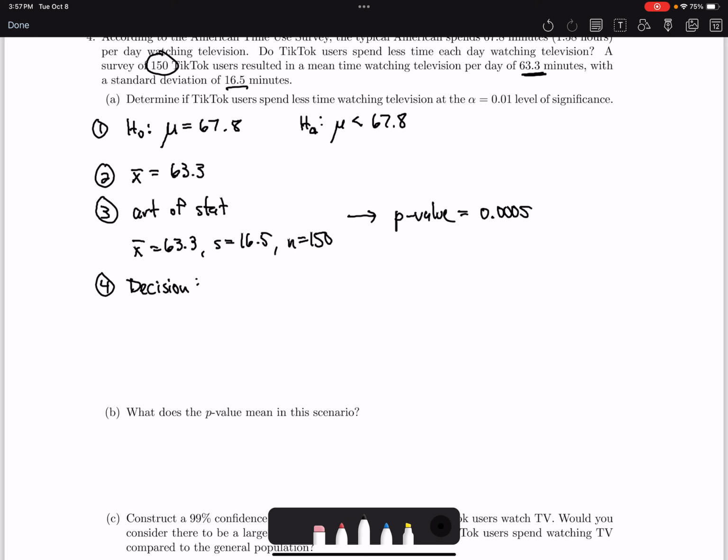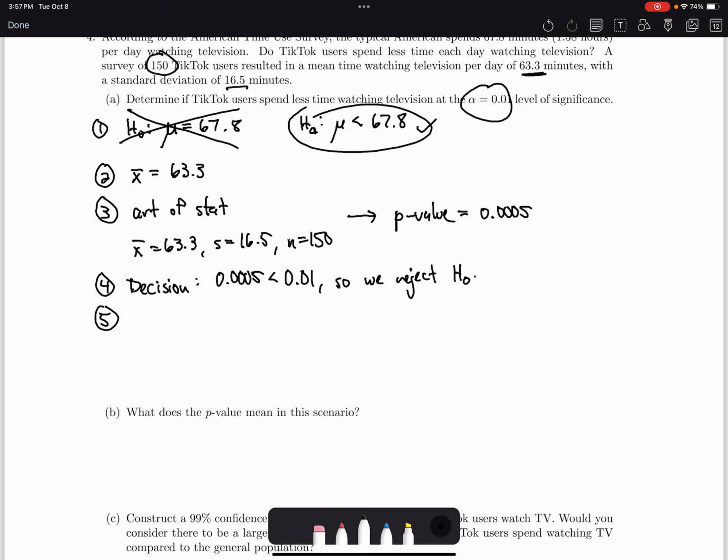We compare our p-value to alpha. Alpha here was 0.01, but our p-value is still less than that, right? So once again, we reject the null hypothesis. Since we're rejecting the null, we have evidence to support the alternative.